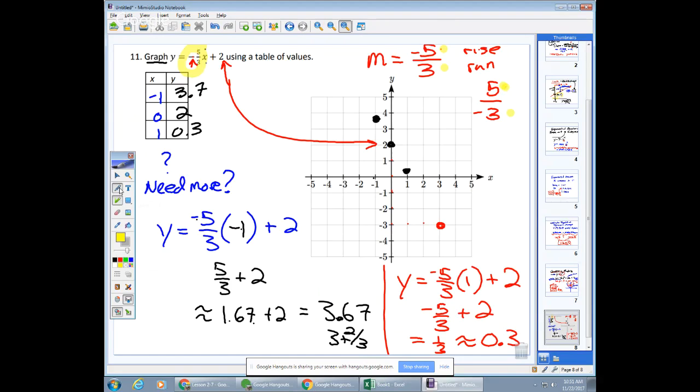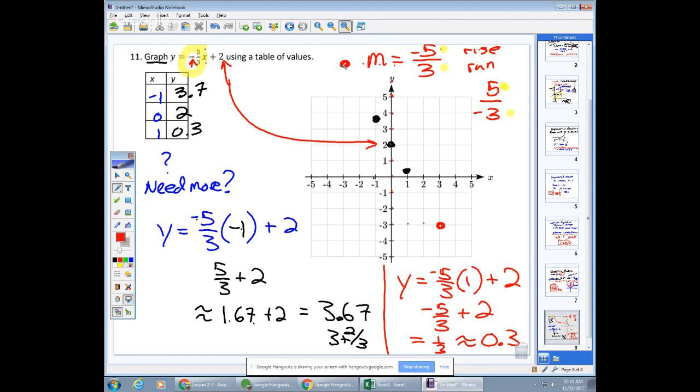So let me test that out. From the y-intercept, if I go up 1, 2, 3, 4, 5, and then go left 1, 2, 3, I'll be right about there. Does that look like it's in line with the other points? Yeah. So the slope just tells me how to generate other points without calculating them using the equations.